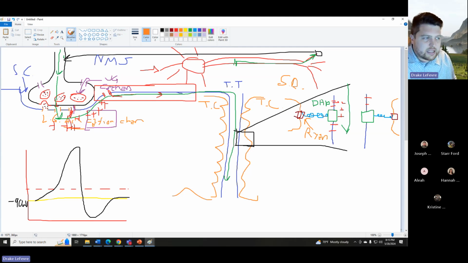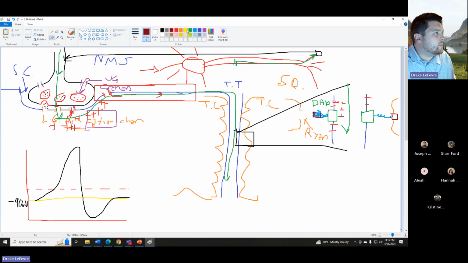As soon as the DHP gets active, the ryanodine receptors are going to activate, and that pulls this off and away. Pulls it tight like that. So we end up opening a hole in the sarcoplasmic reticulum.